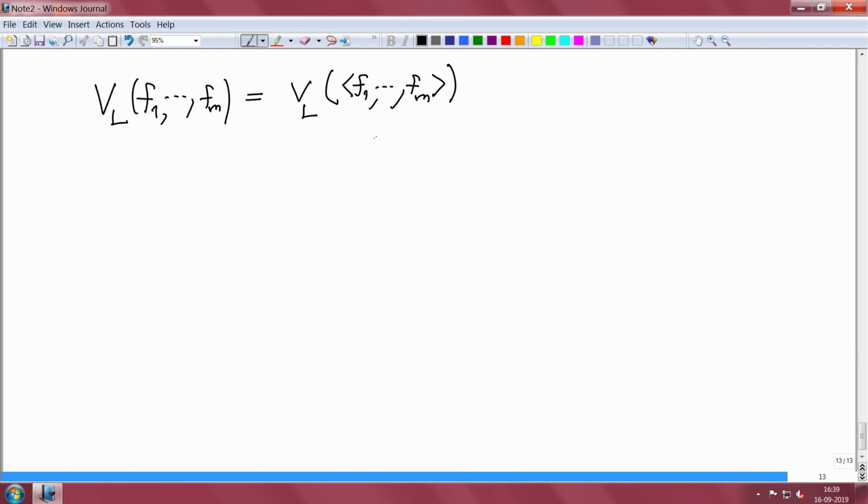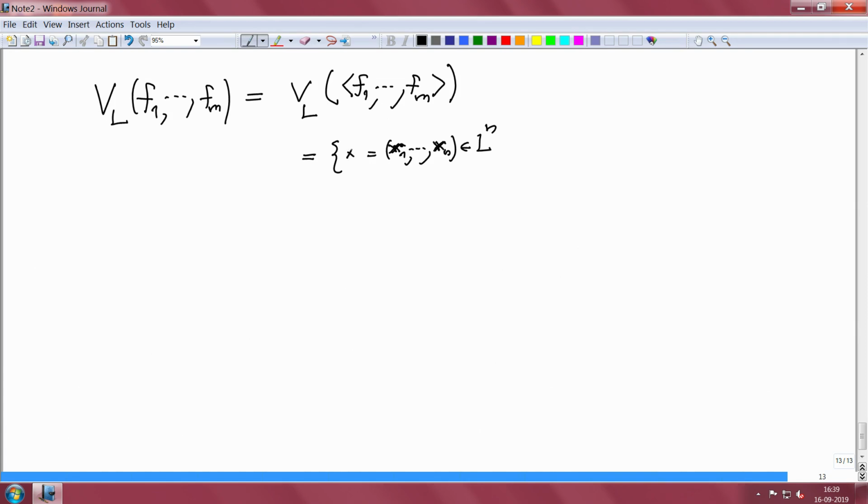This right-hand side is the set of all x = (x1 to xn) in L to the power n. These are small x, so one has to be careful with the notation of small and capital X, which is why I write this little tag.